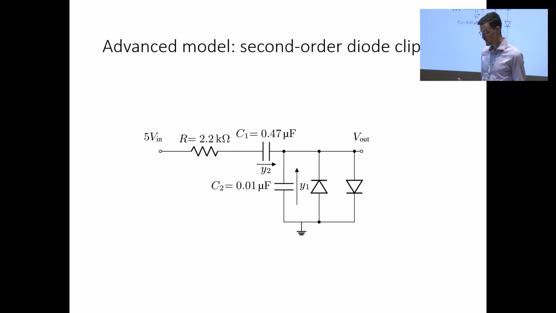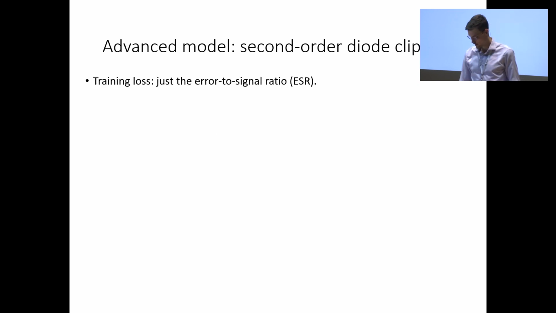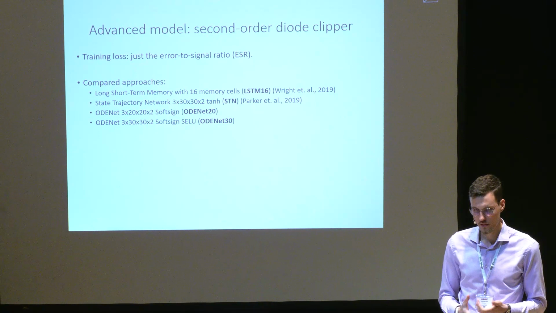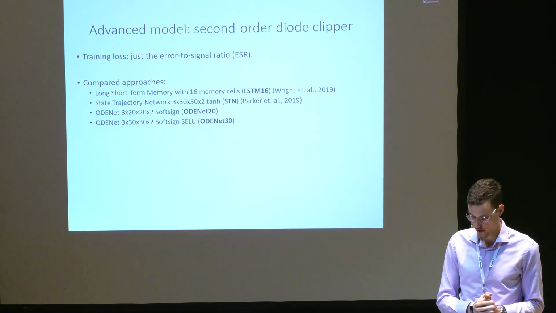So then we decided to try this model with a more advanced one, surprise, surprise, the second-order diode clipper, which has an additional state, y2, the additional capacitor. And then we used, for the training loss, just the error-to-signal ratio, and compared similar architectures, but this time they needed to be larger.